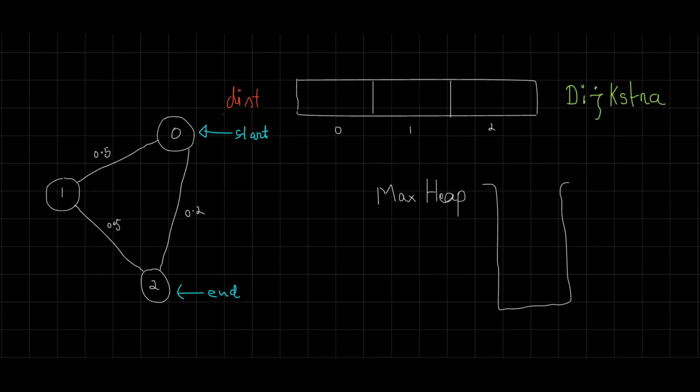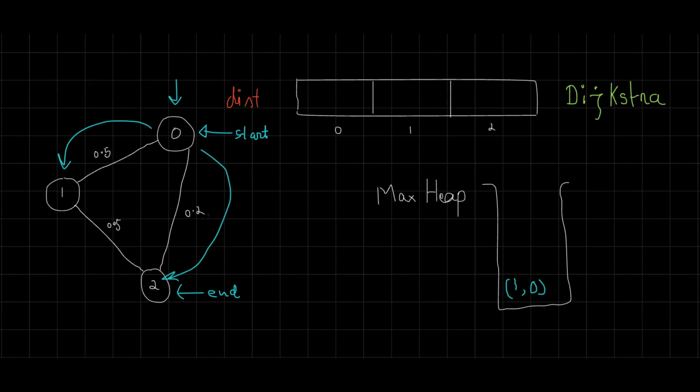Now here, the starting position is 0 and the ending position is 2. Now, initially, we are at this position 0. So from 0, let's say our success probability is 1 and our current node is 0. So we will insert it into the max heap. Now from 0, we can go to node 1 and node 2.